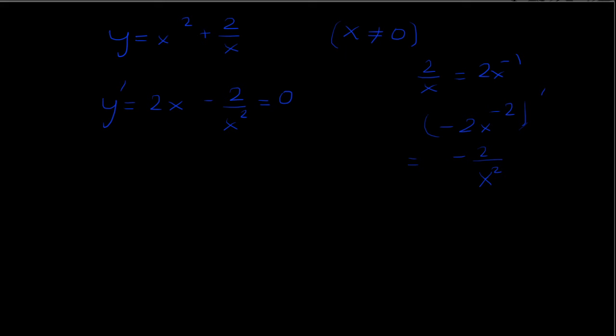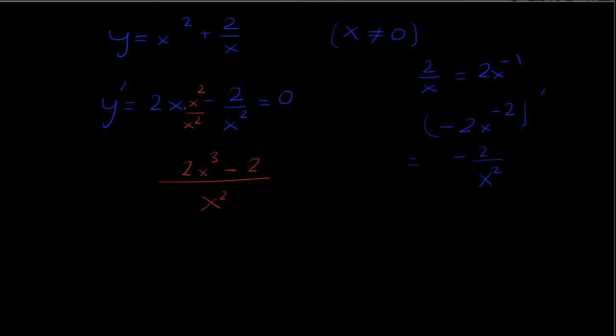It's good habit to get this under the same denominator. So the 2x minus 2 over x squared. The common denominator is going to be x squared. So that means I better multiply the first term by x squared over x squared. And now 2x times x squared will be 2x cubed, and the second fraction will be negative 2.